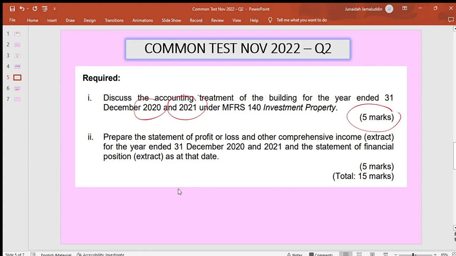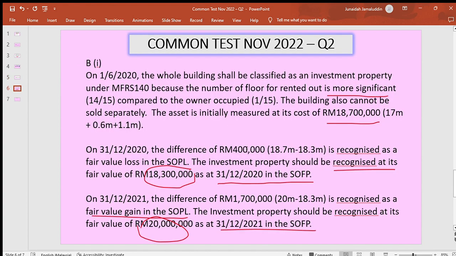So we are also required to prepare the SOPO and SOPI extract for year ended 31st December 2020 and 2021. So as we know, just now for year ended 2020, we've got a fair value loss amounted to 400,000.